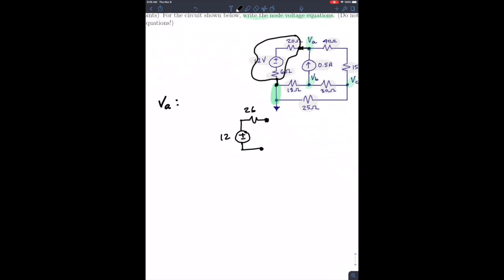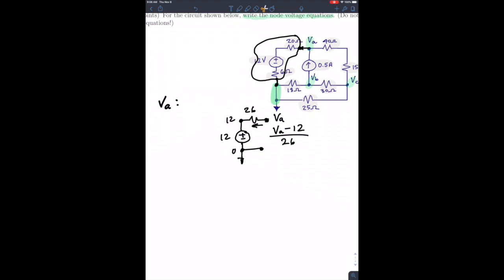Here we would have VA, and here is the reference. Sliding dots here, this would be 0, through a rise of 12, we get 12 here, and so the current going this way would be VA minus 12 divided by 26.